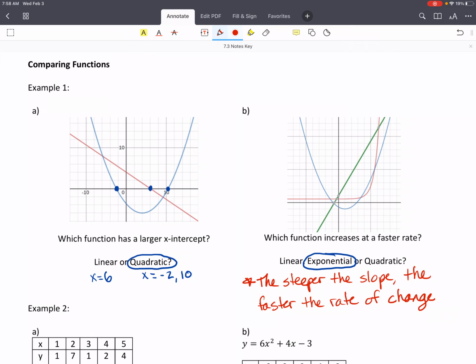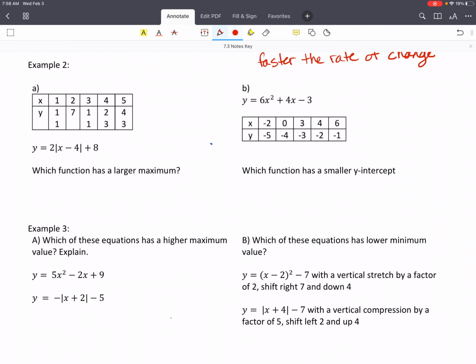So for example, let's say I was just looking at the left side of this graph. My red equation here is exponential. I would not say that exponential increases the fastest if I'm just looking at the left side, because it's a pretty flat line. But as I go to the right side, because the exponential just shoots up and gets really steep, that's how we know it's increasing the fastest.